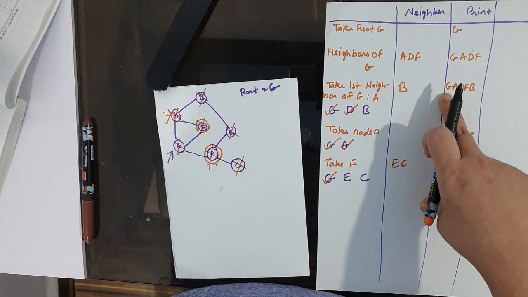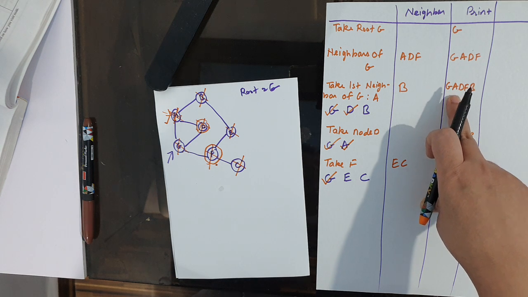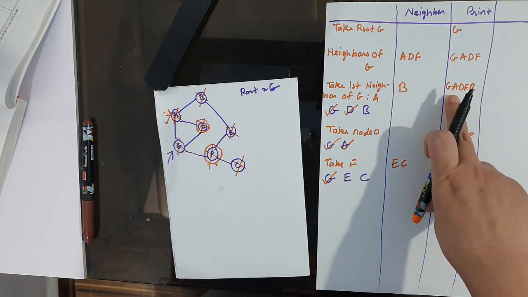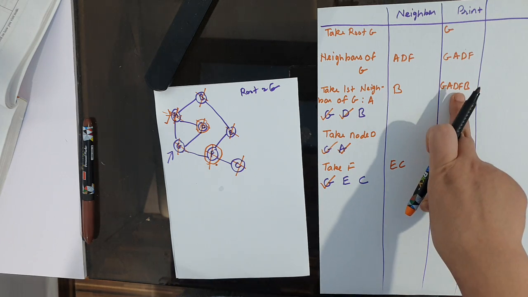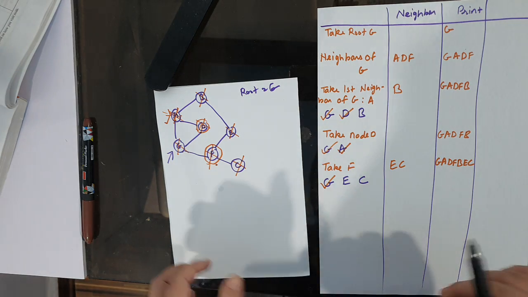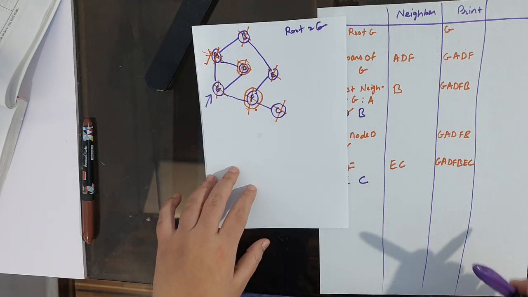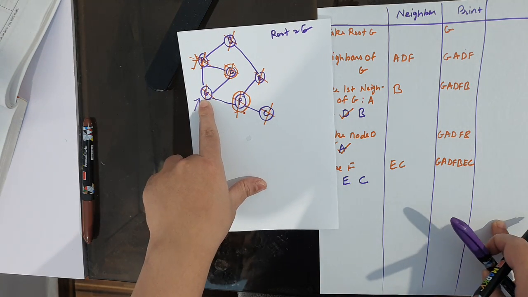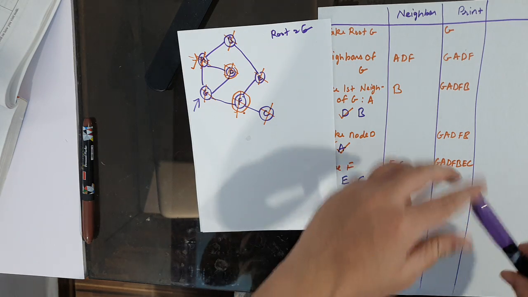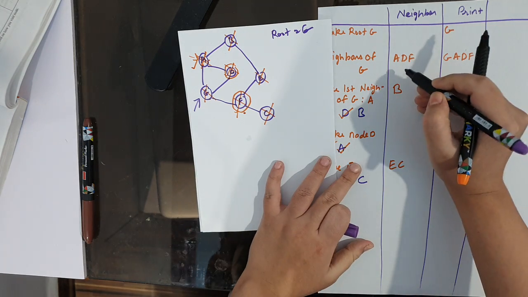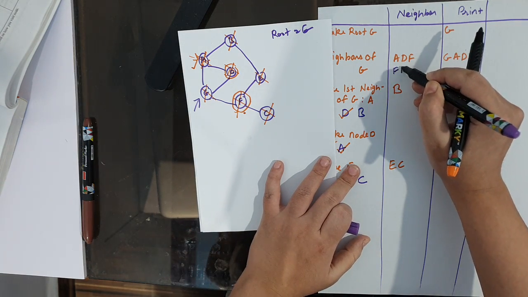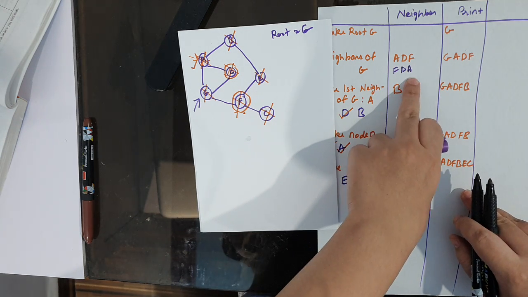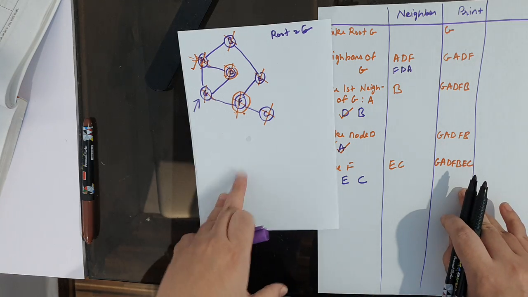So one after another. First we explore the root node, then one by one we start exploring the neighboring nodes in the order that we have mentioned, and apart from that, it is not always necessary to follow a particular order. Like I took the root node as G, I could have mentioned it the other way around also, like F, D and A. It could be reversed also, and there wouldn't be a problem.